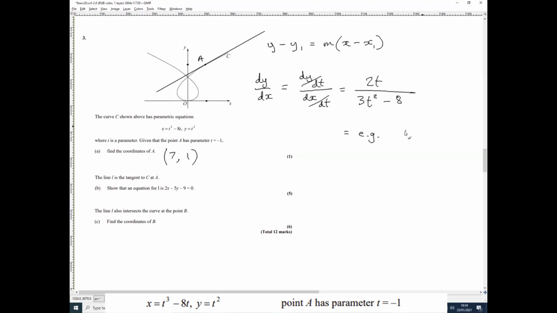Well, we're looking at differentiation. We've got a derivative. What did we want it for? We wanted it for the gradient of the curve at a particular point, which is going to be the constant gradient of the tangent at that point.